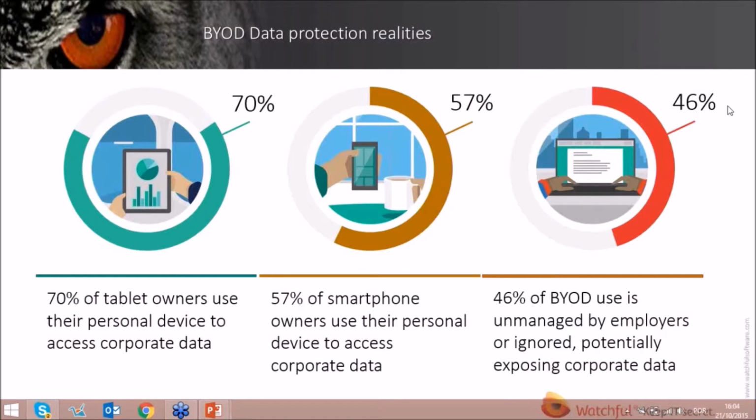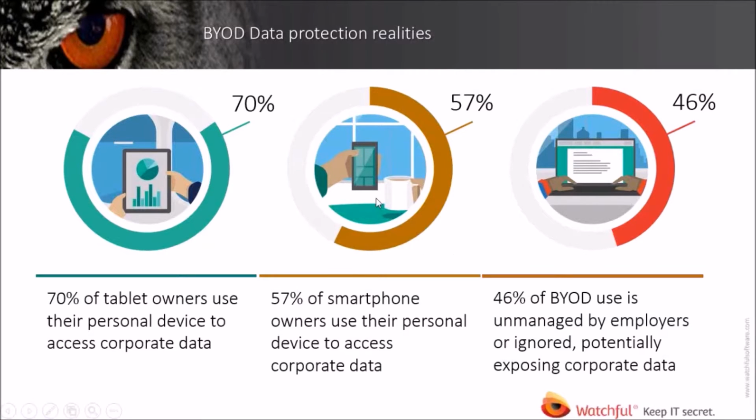So the first data point, you see a high percentage of tablet owners using that device to access corporate data, and first and foremost, it's going to be email. But immediately upon looking at those emails, there's going to be attachments. There's going to be data, and there's going to be sensitive corporate data included on those devices. And it's not something that is maliciously done by the employee. It's a matter of, this is a great device for viewing data, viewing email, and being productive outside of business hours or even during business hours.